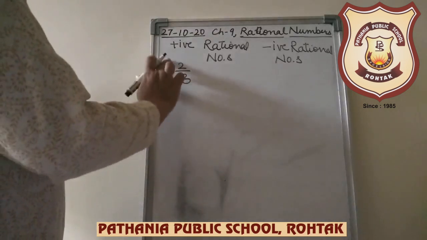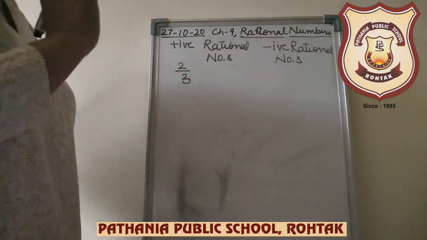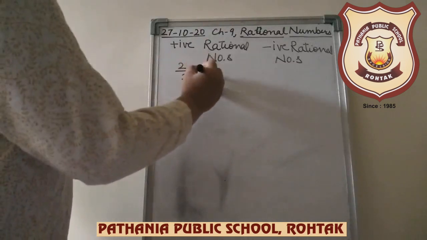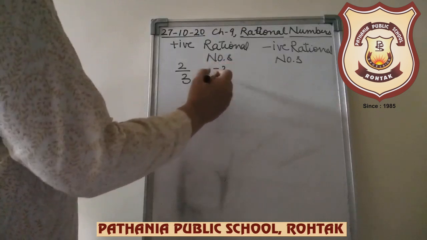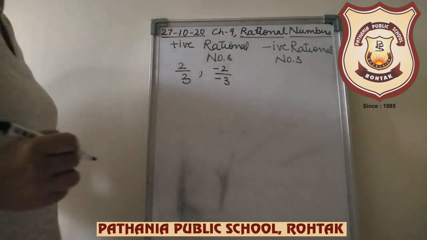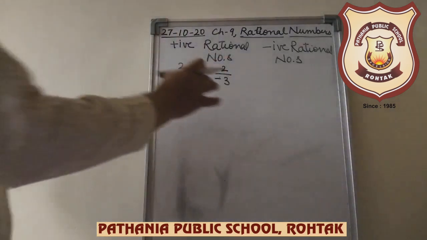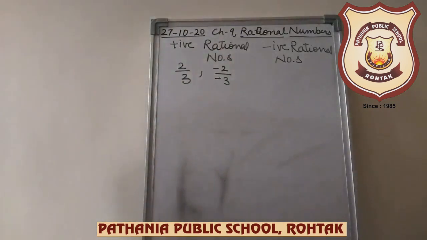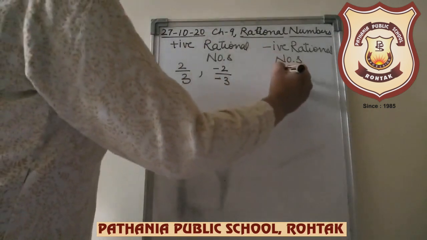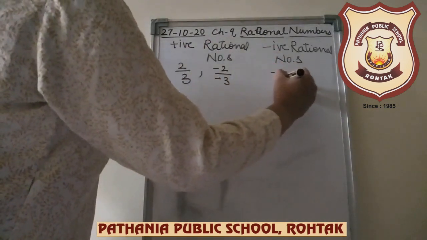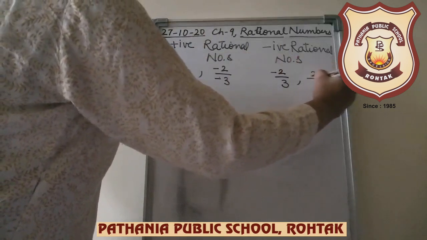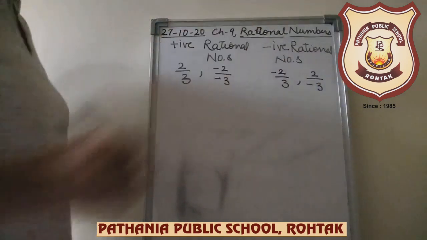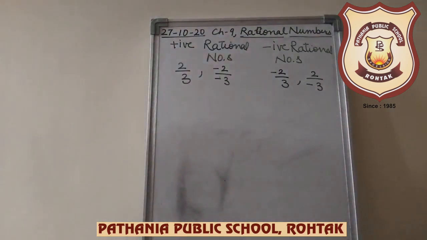This is positive, when numerator and denominator both are positive, or it can be minus 2 upon minus 3, because the minus sign will get cancelled. So, this is also a positive rational number. But minus 2 upon 3, and 2 upon minus 3, clear?